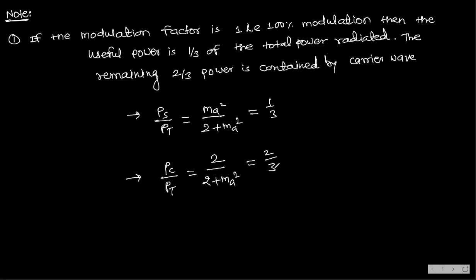This is equal to 2/3. Yesterday we learned this, just 1/3 and 2/3 if modulation factor is 1. Clear? Okay. So this is PC by PT, that is 2/3.